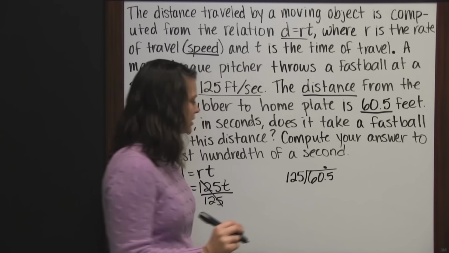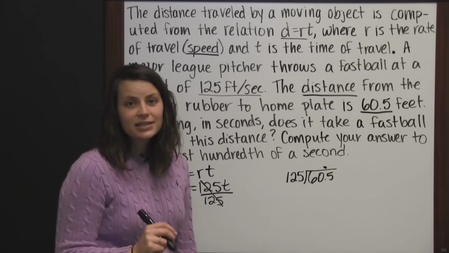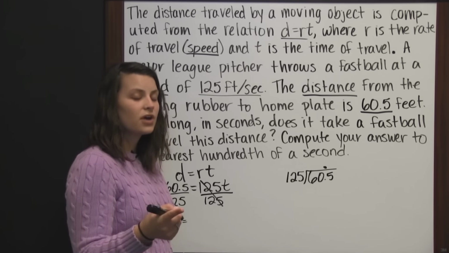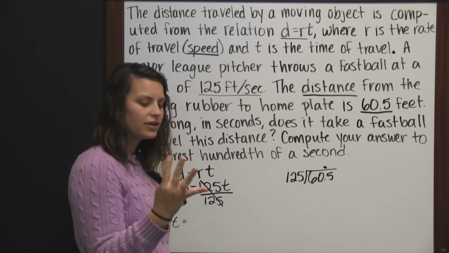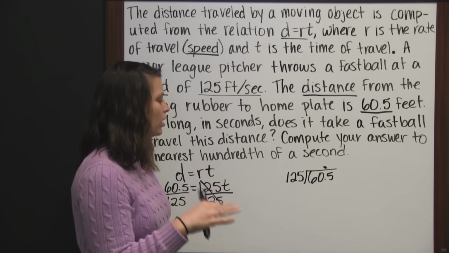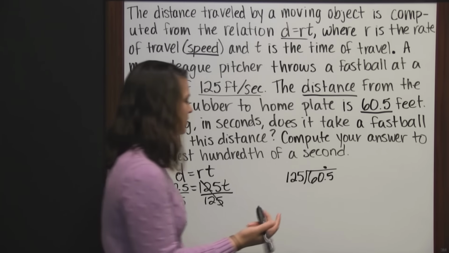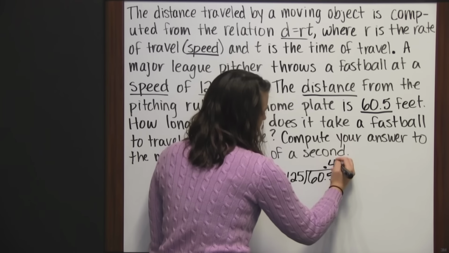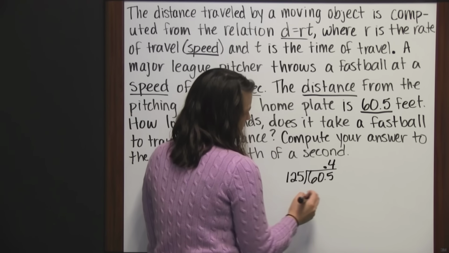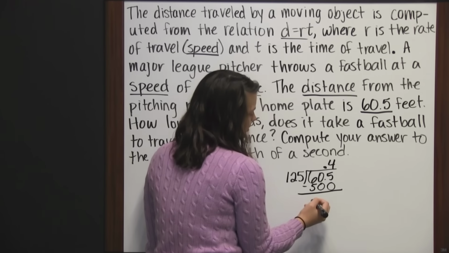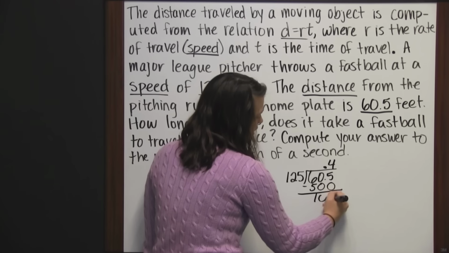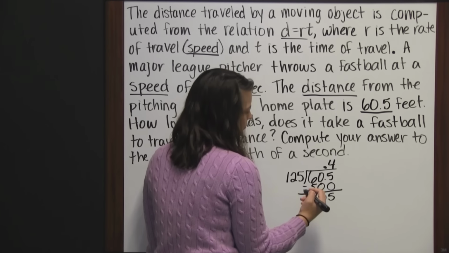125 does not go into 60, but it does go into 605. So you've got 125, 250, 500, and then one more time would be 625, so that means it only goes 4 times. And that is 500. We subtract, and we get 105.